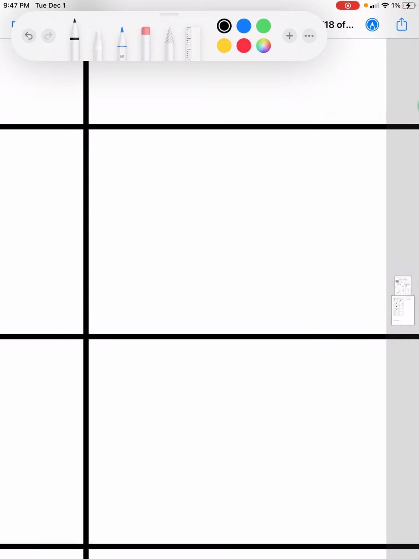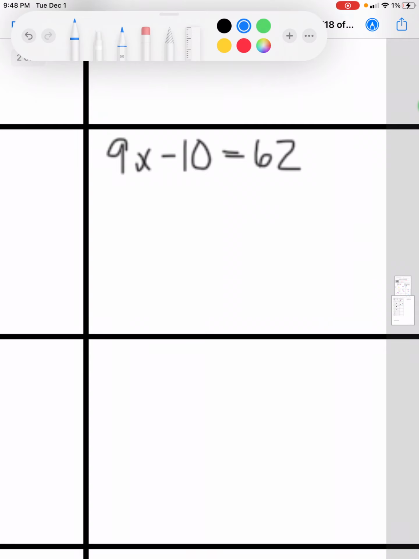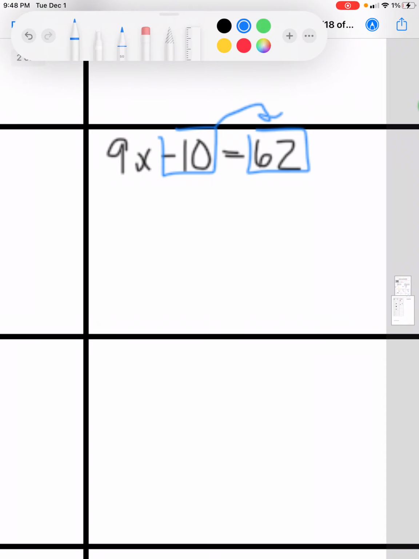9x minus 10 equals 62. All right, again, how do we do this? Again, same old thing. We combine like terms. I think you're getting the point here. We're going to go away from the variable, so we're going to take the negative 10 to the other side. How do we do that? How do we take it to the other side?